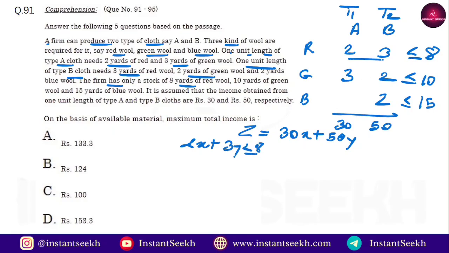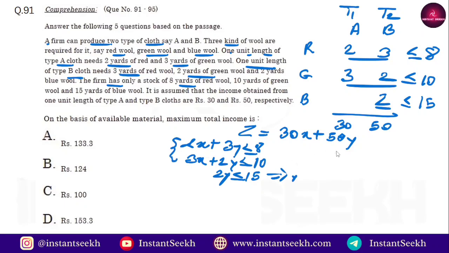Then 3x plus 2y is less than equal to 10, and 2y is less than equal to 15. So from here straight away we can get 7.5 as y, but we won't do that. We will solve these two equations.